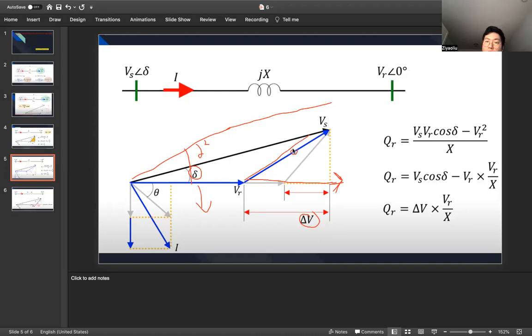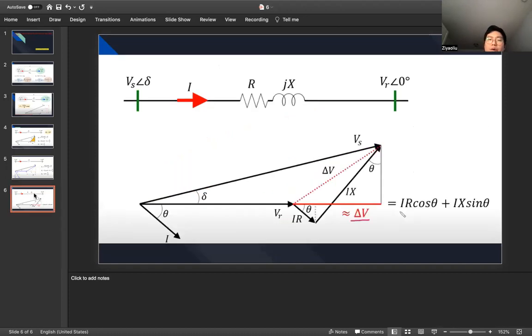When theta is smaller and the line is shorter, we also say this part is equivalently the voltage drop. Why? I'll show you guys. Today is a little bit messy and a little bit difficult, right? But don't worry about it.